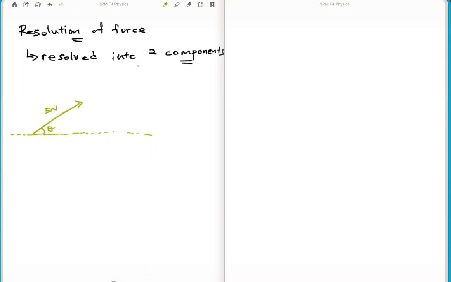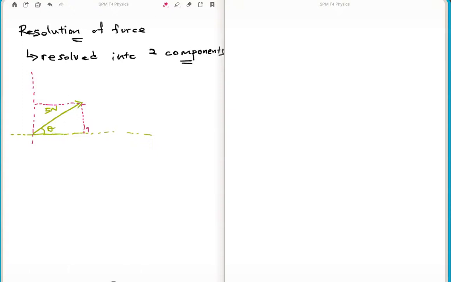Now, this is neither horizontal nor vertical. In order to resolve into 2 components, you drop a perpendicular line down to the horizontal, as well as a horizontal line. You draw two lines on it.